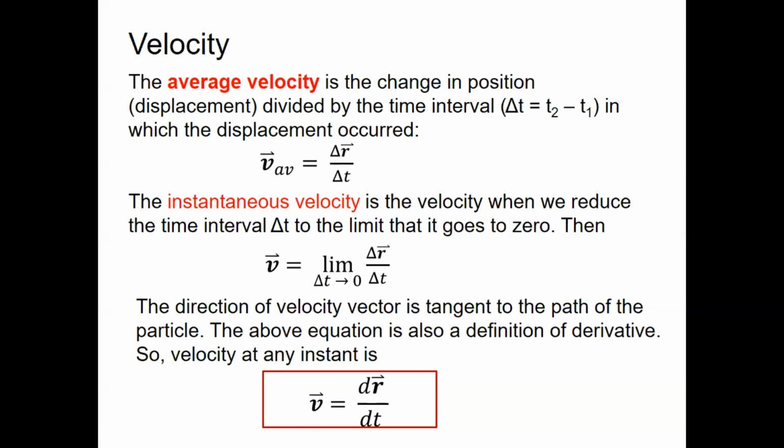Now another important concept which is frequently employed is the instantaneous velocity. The concept of instantaneous velocity is that we start reducing this delta t to small values, as small as going to 0. So in the limit that the time interval delta t approaches 0, we write it like this, that the velocity vector, the instantaneous velocity vector, is basically the limit of this ratio when delta t goes to 0.